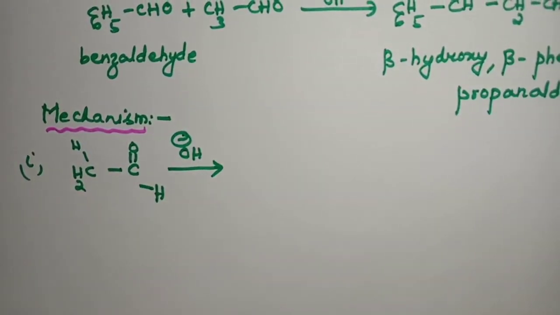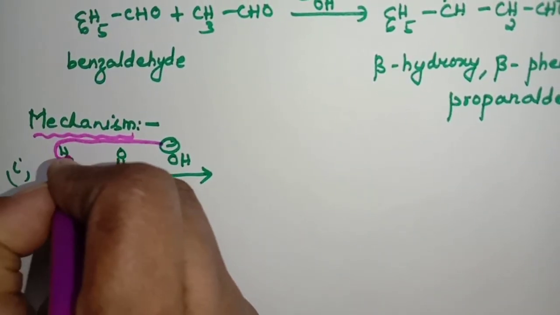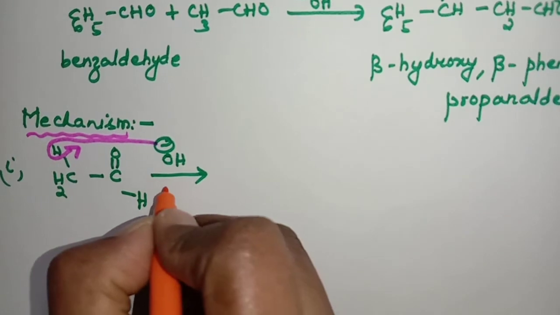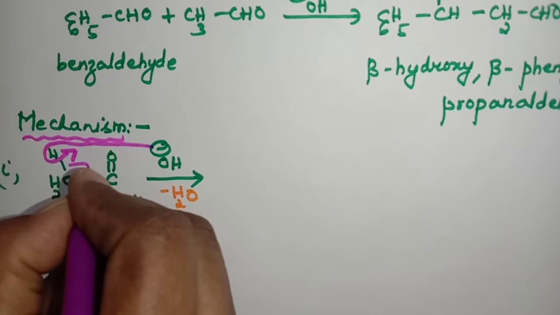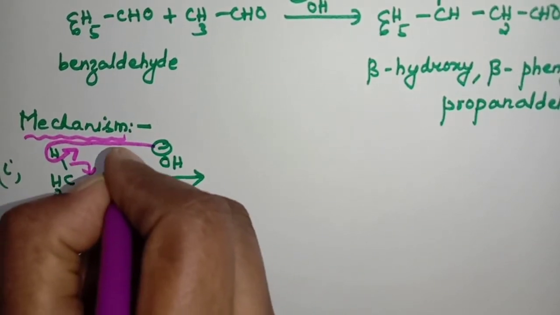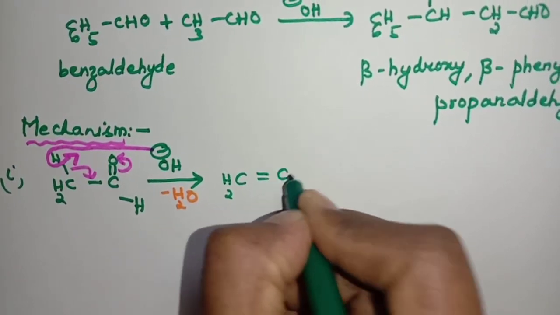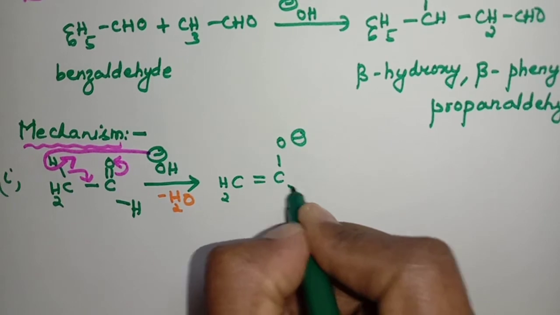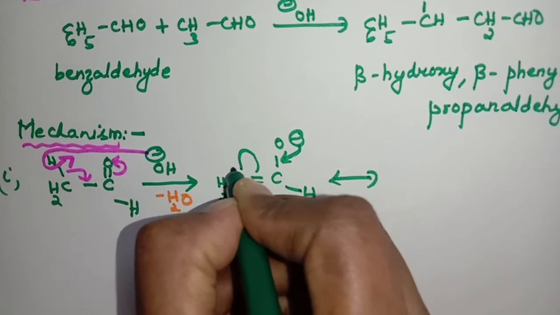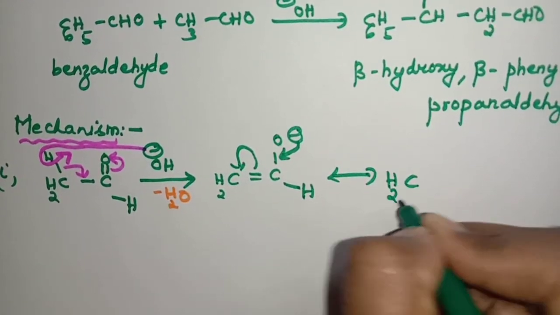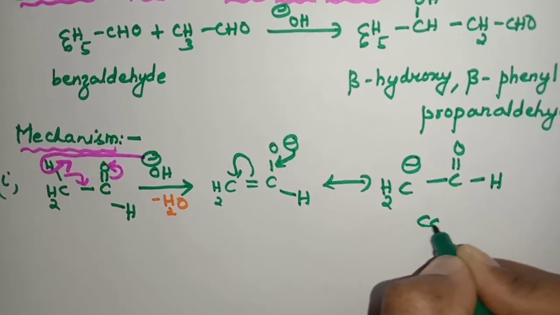Same here, OH minus abstracts the alpha hydrogen and comes out as H2O. Next, this bond shifts between carbon and this pi bond goes towards oxygen. So we get CH2 double bond C O minus and H. This rearranges as minus comes back and this pi bond shifts to carbon, resulting in the formation of a carbanion. So this is the first step.